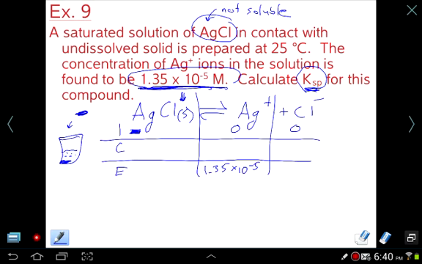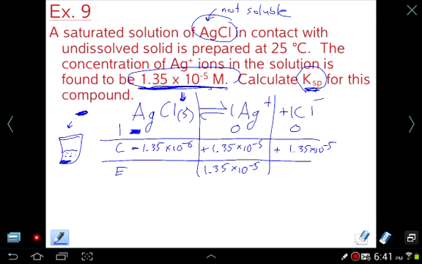Now, in order for us to get this much, we must add 1.35 times 10 to the negative 5th. If we added that here, we must add that on the chloride side as well, since it's a 1-to-1 ratio. And then we must subtract that much on the silver chloride side, minus 1.35 times 10 to the negative 5th.